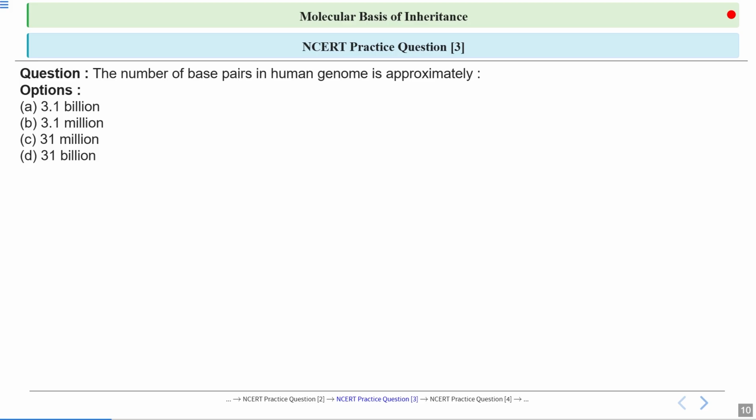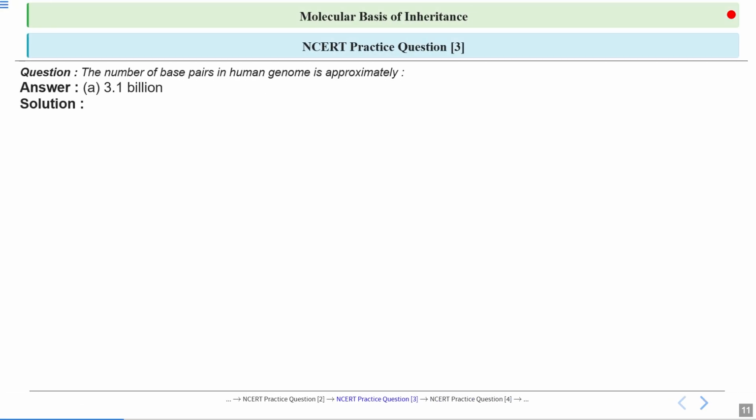Now, next question: the number of base pairs in the human genome is approximately? What are the options? 3.1 billion, 3.1 million, 31 million or 31 billion? What is the correct answer? Let's have a look at the answer.